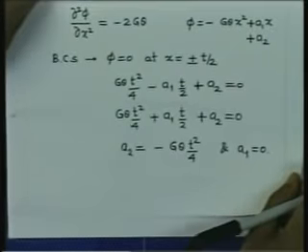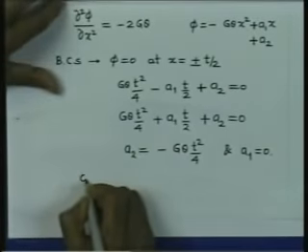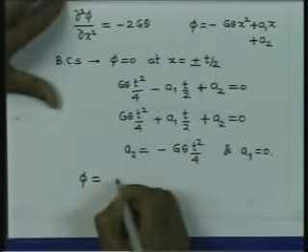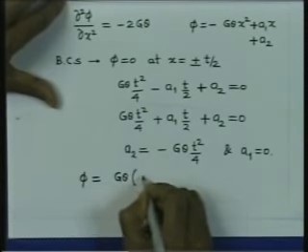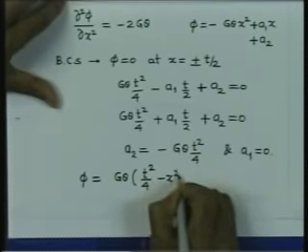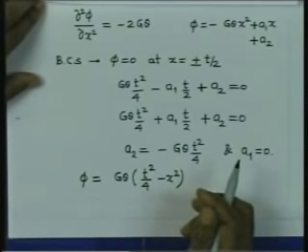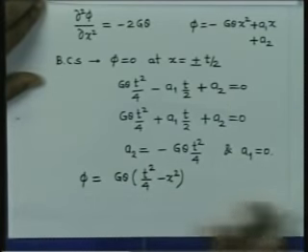Substituting the values for the constants, we find finally that phi is equal to g theta into t square by 4 minus x square. So, that is the variation of phi with x.